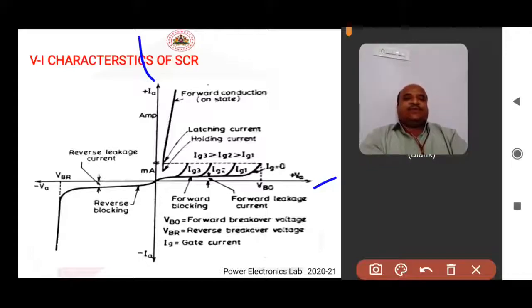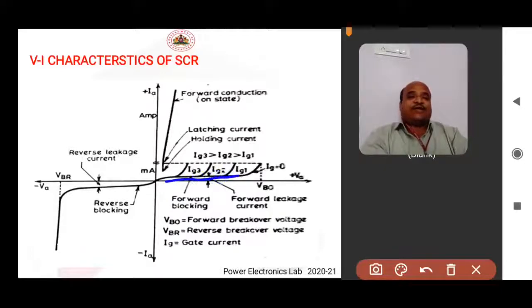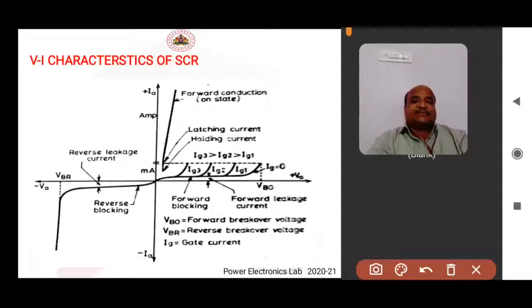When the gate current is 0 and the voltage across anode and cathode is increased in the forward direction, the current flowing through the device is very small. You can see this curve here. It is a flat curve, almost lying on the x-axis, so a very small amount of current will be flowing through the device.